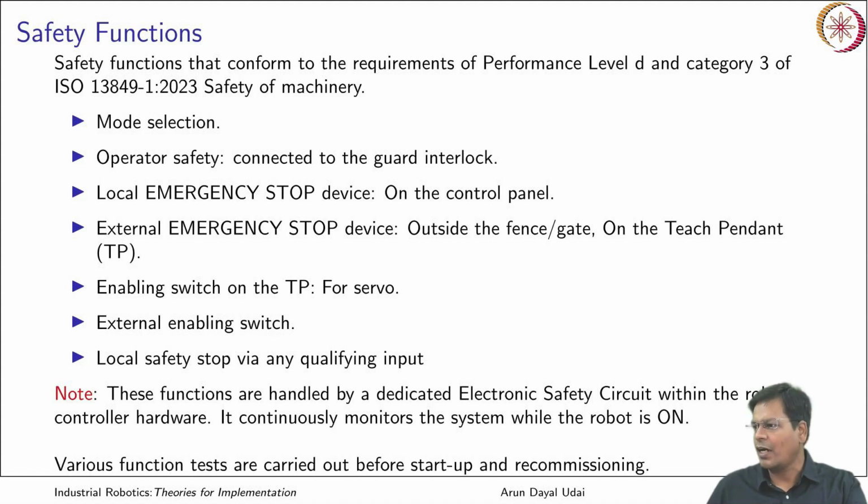Various function tests are carried out before startup and recommissioning. As soon as you install your robot for the first time, there are safety function tests that check each of the functions one by one and confirm whether they are all working. After startup and after recommissioning, the safety function tests are to be carried out. That provision is there in the robot itself.